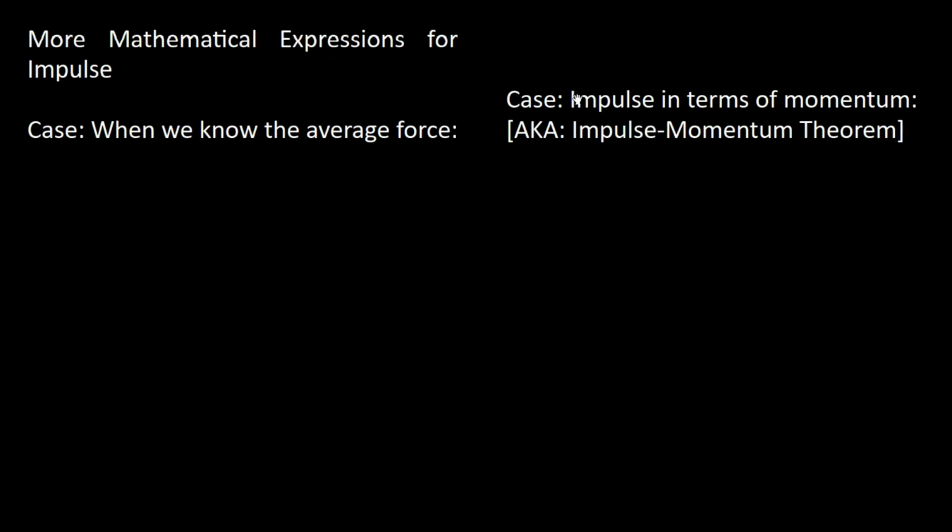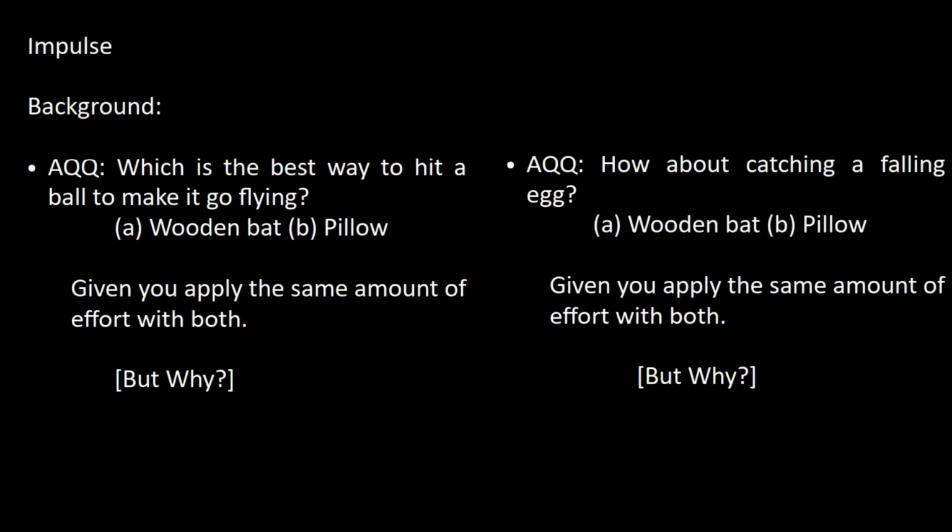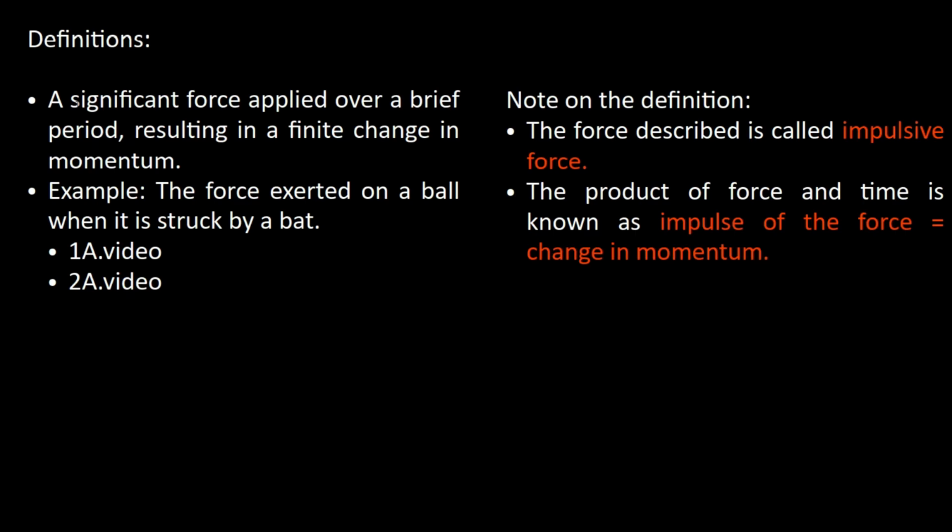The other situation is impulse in terms of momentum. This is where the actual thing is. So we started the discussion about impulse, that impulse as a definition is a significant force, quite measurable, that has good value in it, right?